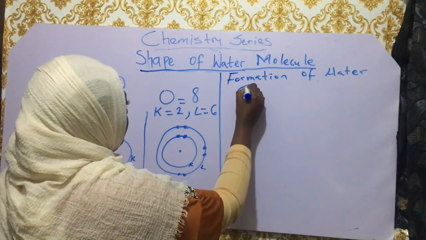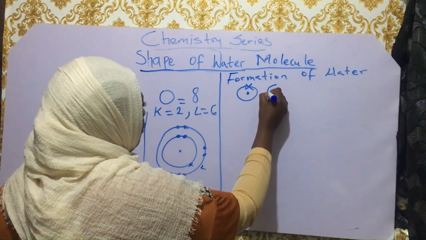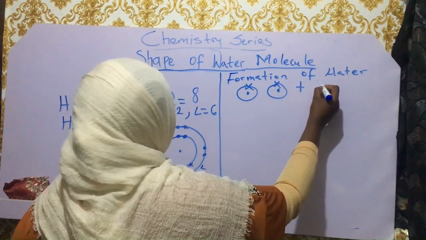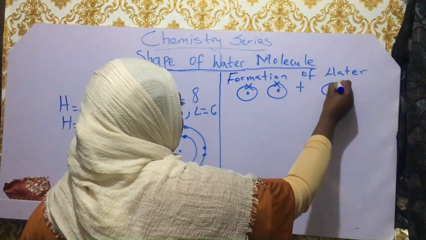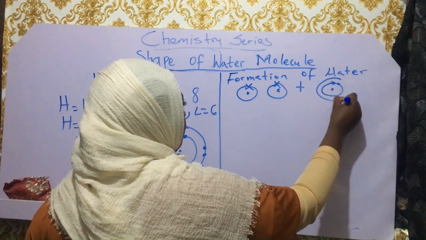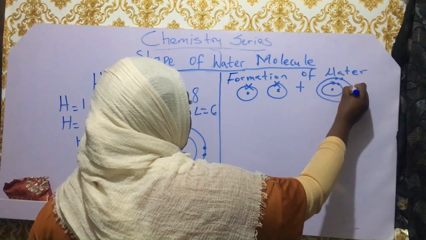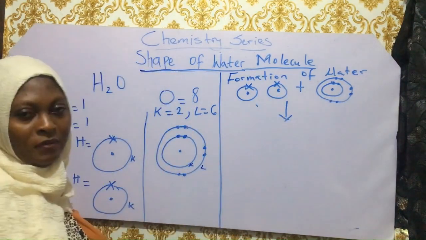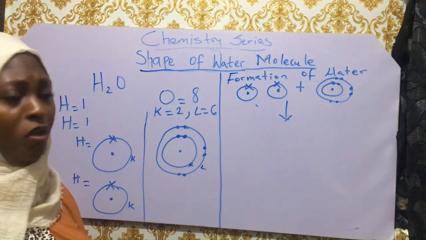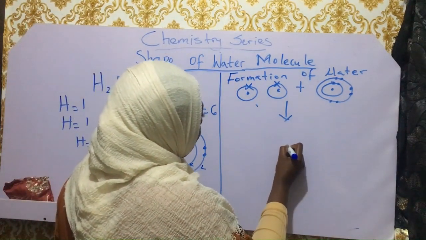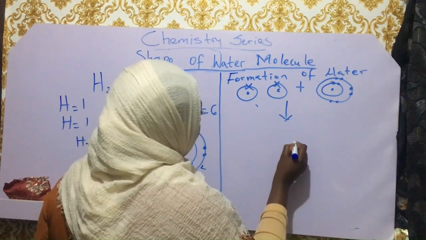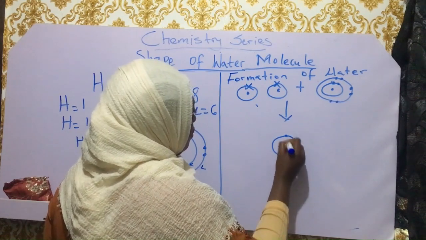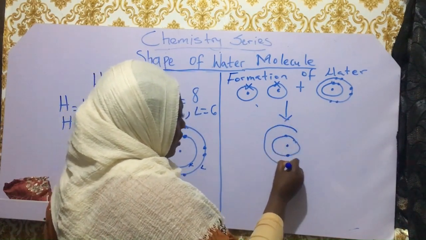The first hydrogen, the second hydrogen, combining with oxygen, to give water. Now let's see how they form the water molecule. Now you have, let's first draw the oxygen atom. So you have the first shell of the oxygen atom having 2 electrons. You have the second shell of oxygen atom.